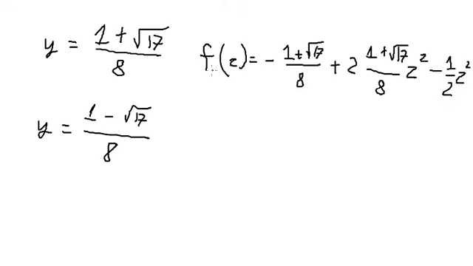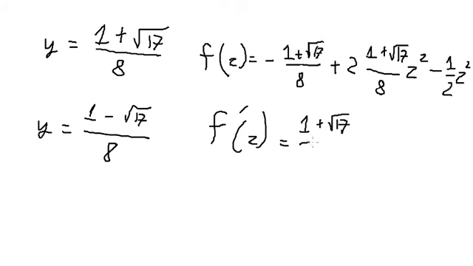And now we can do first the derivative of this one. So we have 1 plus the square root of 17 over 2 z minus 2z.